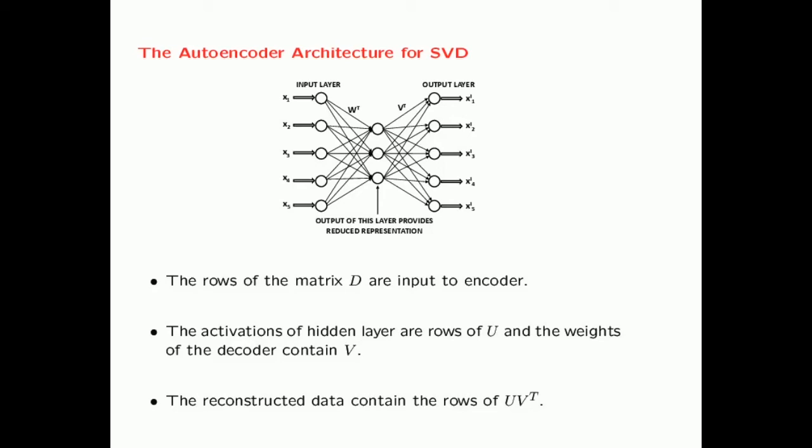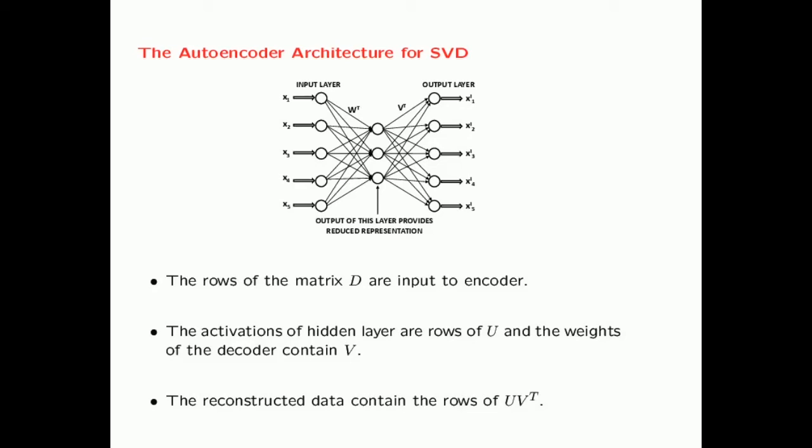What you can show is that if you use just a simple three-layer architecture, where we count the non-computational input layer as a layer, you really have two computation layers, a hidden layer and an output layer, and all the layers are linear.